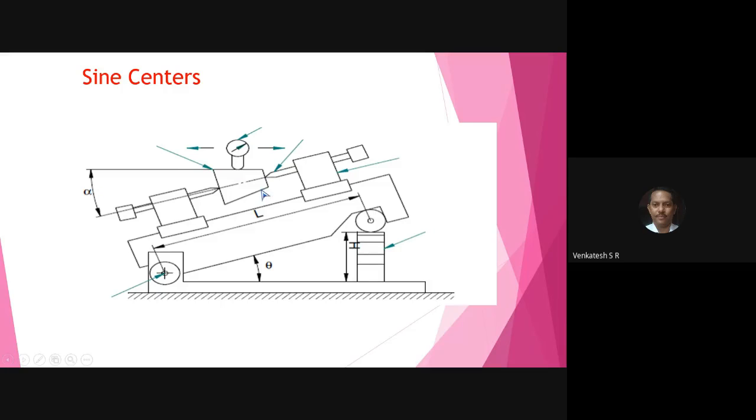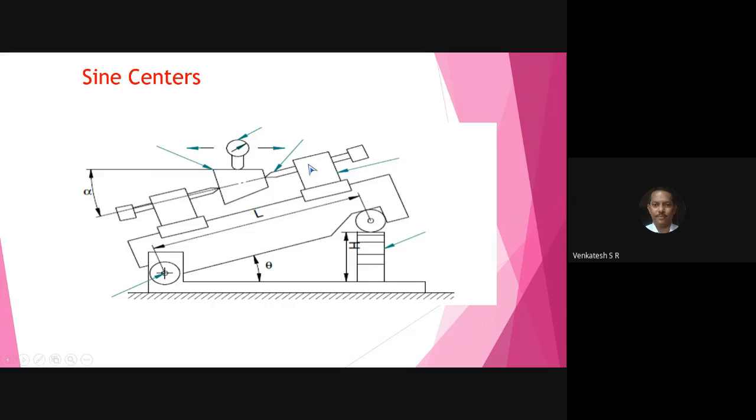The same procedure: place the taper in between the two centers of the sine center. These two centers are spring loaded. Just pull this lever backside, and both the levers backside, and keep the taper in between the two centers.